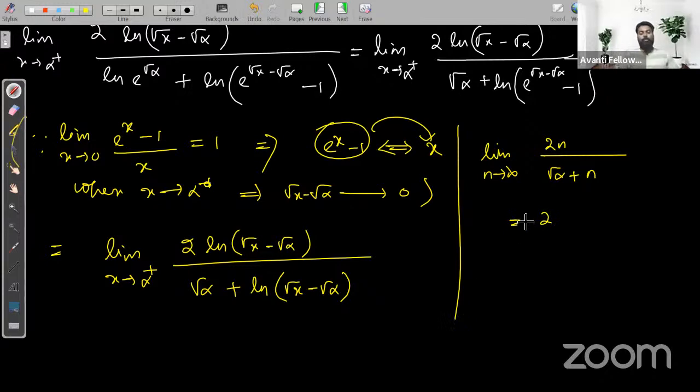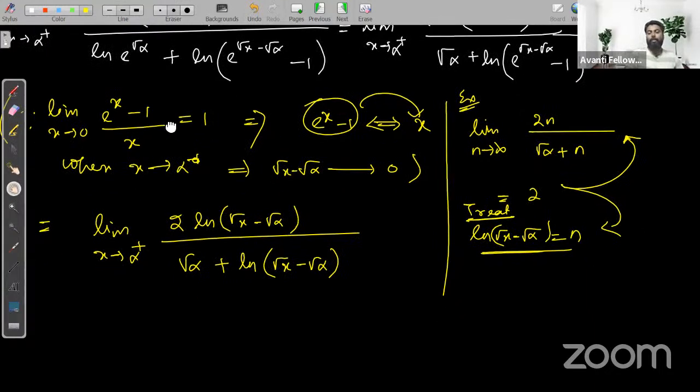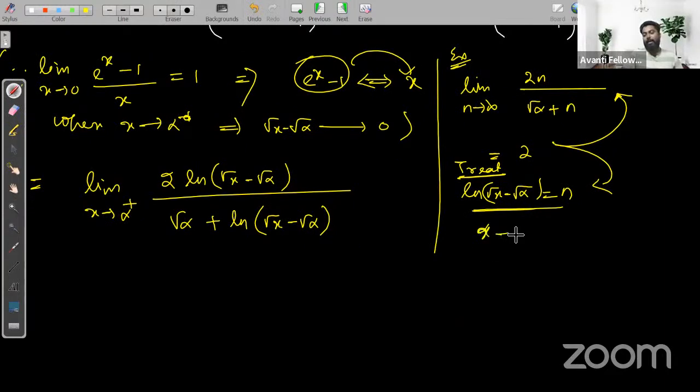So here also we can treat this ln of root x minus root alpha as n. How? We are using n in this example. Similarly, we can take ln of root x minus root alpha as n, because x is tending to alpha plus, so ln of root x minus root alpha is tending to minus infinity, yes or no?